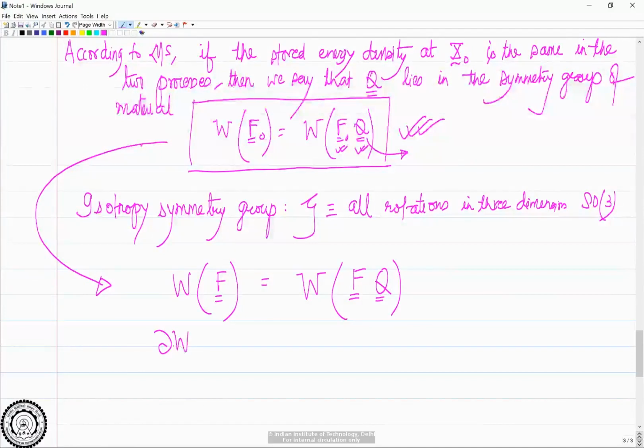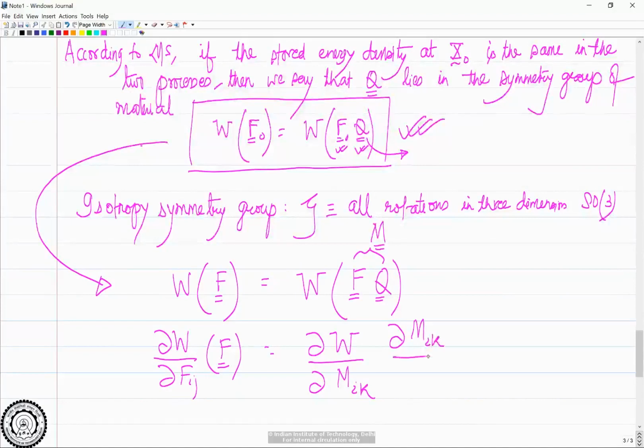So this is going to be del W over del F_ij at F is equal to del W over del M_kl, suppose M, into del M_kl over del F_ij, right? Do you agree with me?